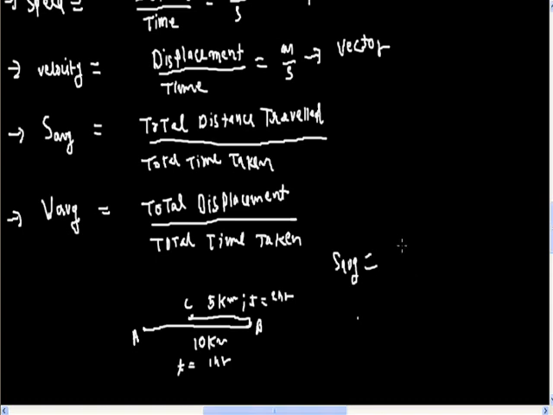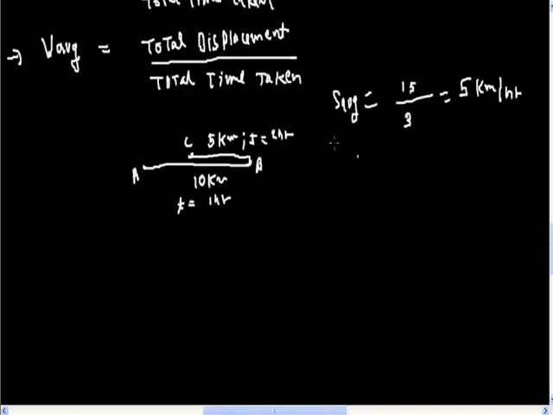The distance is 15, and total time taken is 1 plus 2, that is 3. Then the average speed becomes 5 km per hour. Is it clear?